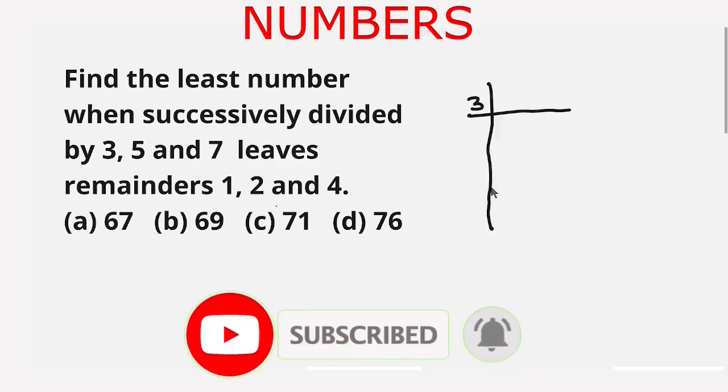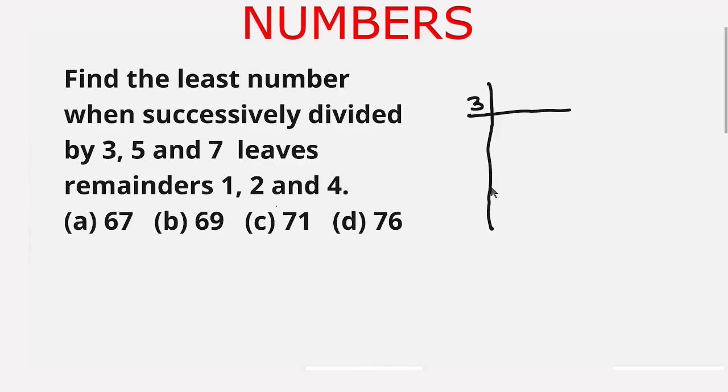We have to find the least number which is divided successively by 3, then 5, then 7 and leaves the remainders 1, 2 and 4. 7 divides the last remainder 4 for 0 times and the remainder is 4.